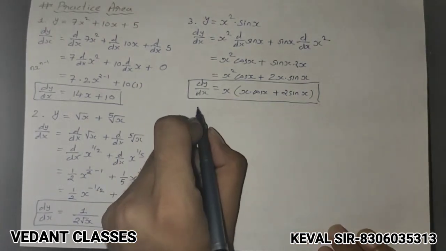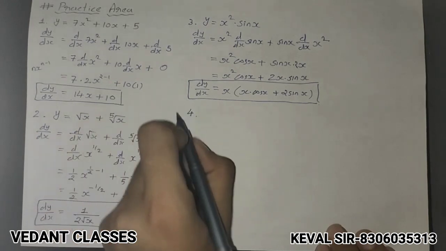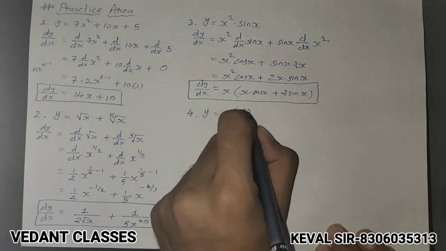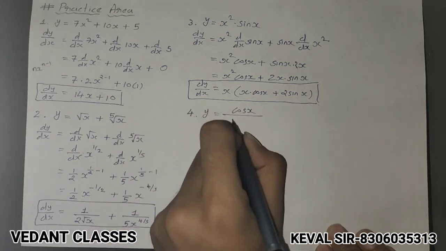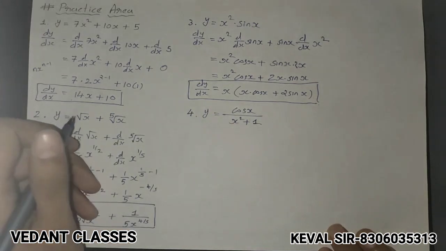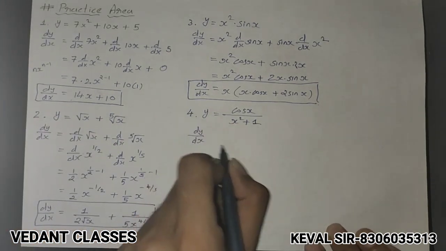Okay, now let's solve the next one, fourth. The question is y is equal to, let's say, cos x upon x square plus 1. Okay, if the question is like this, then how we can calculate the derivative, how we can carry out the formula?